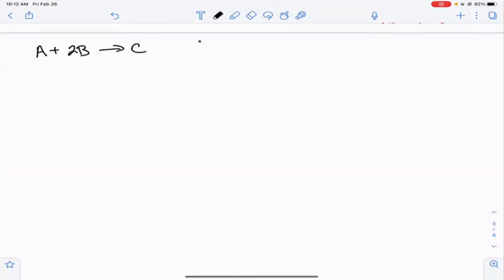We're told in the problem statement that the reaction order with respect to A is 0th order, and the reaction order with respect to B is first order. And so that gives us r_A prime equal to minus K1 prime times C_B, right?